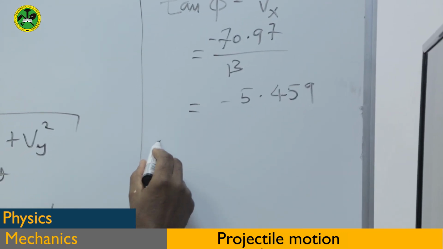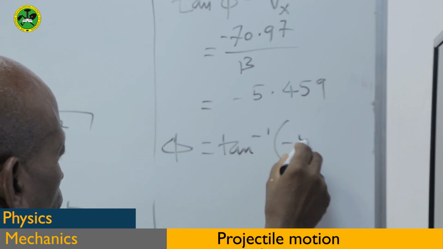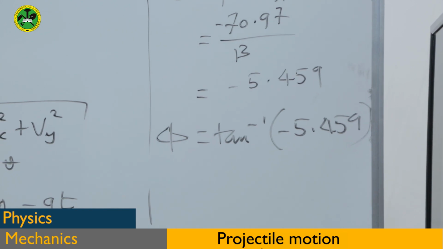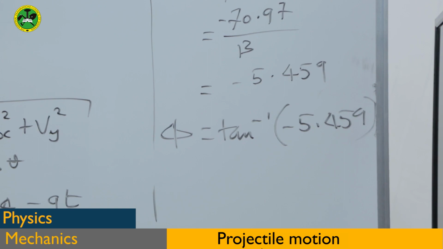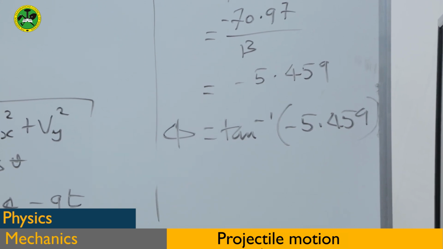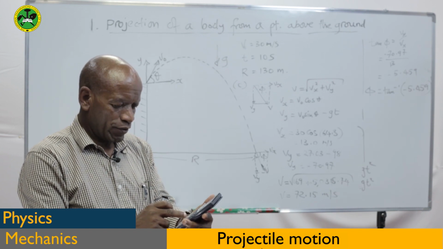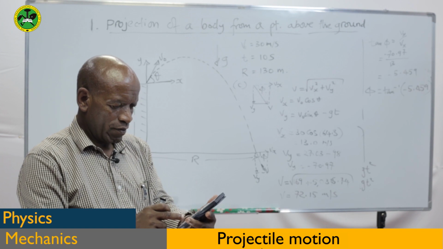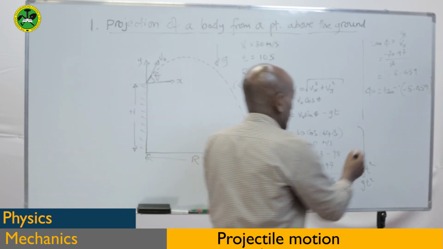So if we want to find theta, we just take the tan inverse of negative 5.459, which will be equal to negative 79.6.